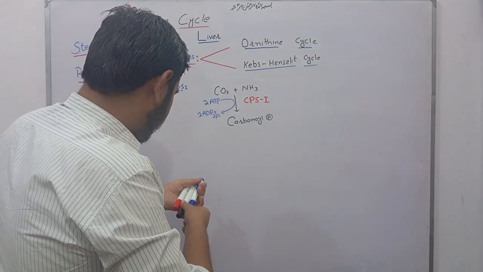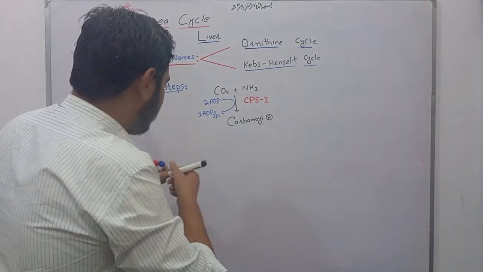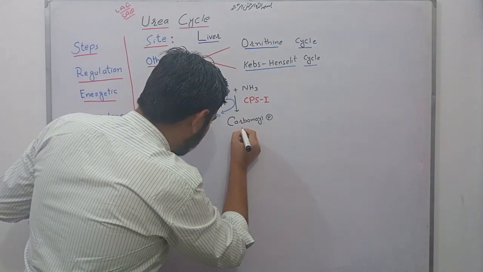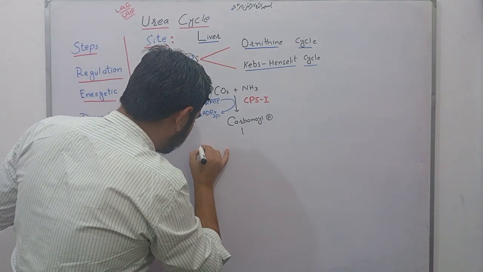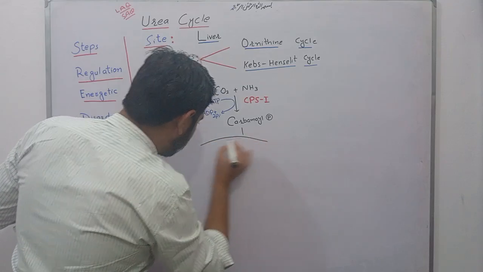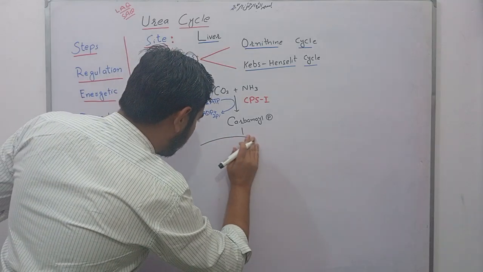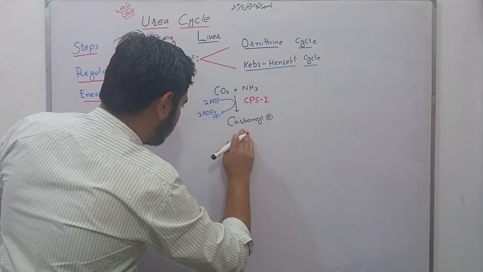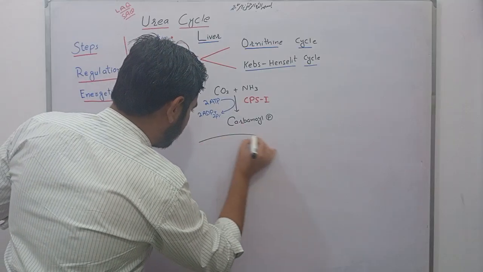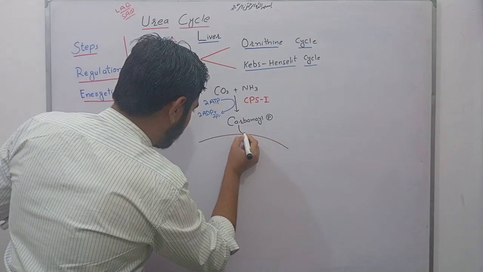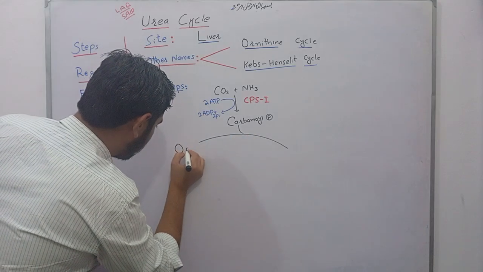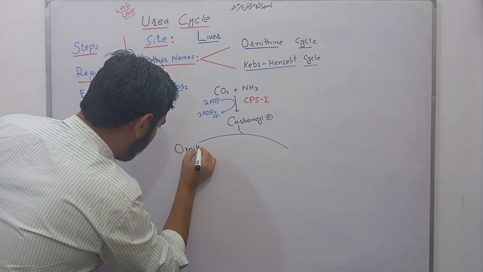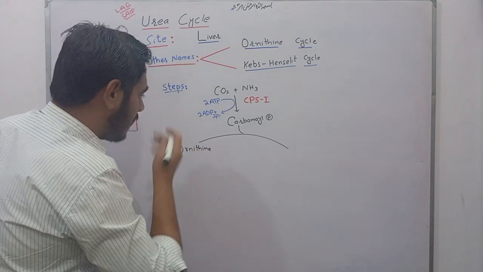In the next reaction, there is condensation of ornithine with carbamyl phosphate.